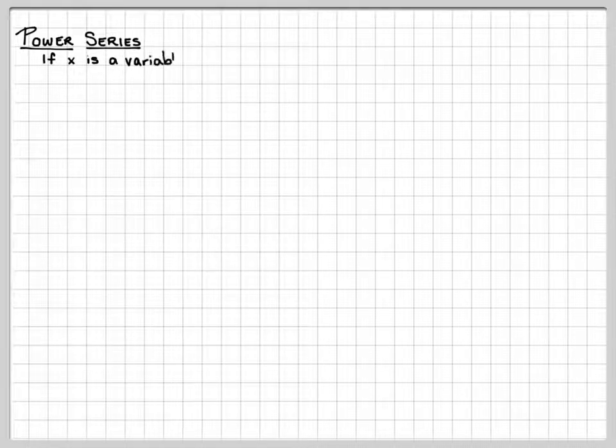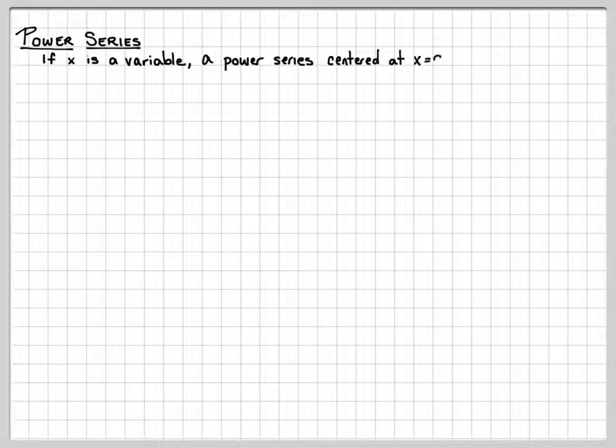Okay, so power series. Power series is a type of series where you have a variable x in it, and it kind of makes a polynomial with the coefficients being sequences.